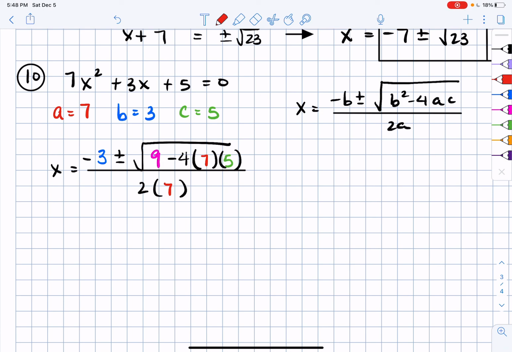One of the things I said to you guys before was to make sure that you're only putting that part into your calculator.